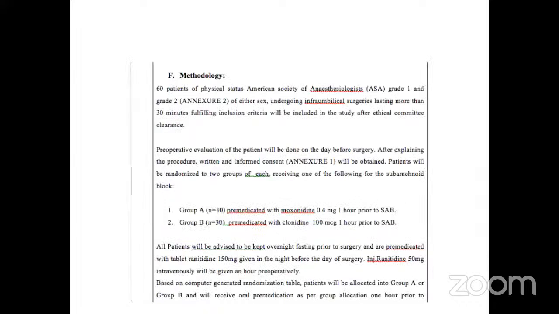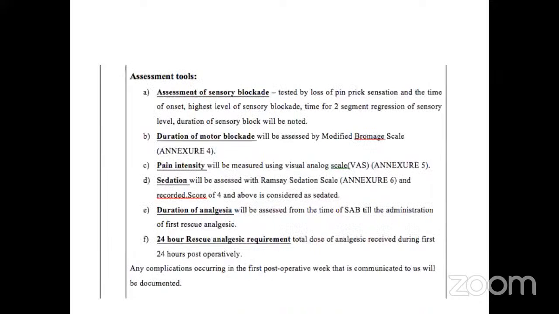And then you describe in the methodology the exact method or technique, or how you proceed with the performance of the study, like practical application, how you shift the patient, how you manage, how you divide the patients into two groups, etc. And then you mention the assessment tools, like how you define each and everything, what parameters you are going to study, and how you define clearly each parameter.